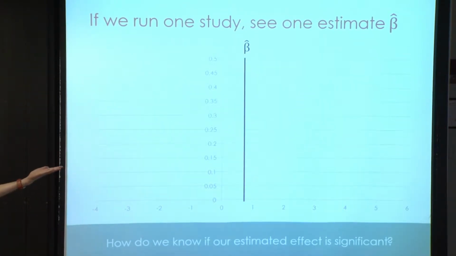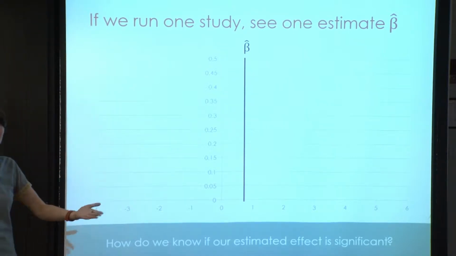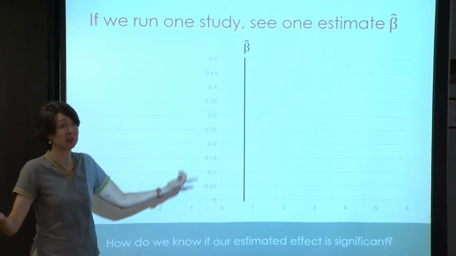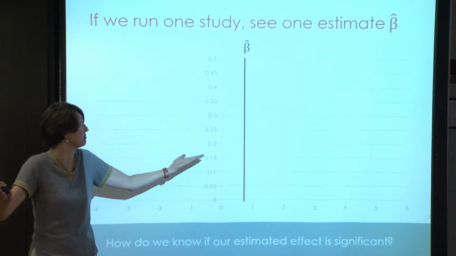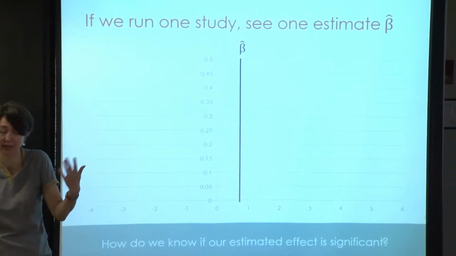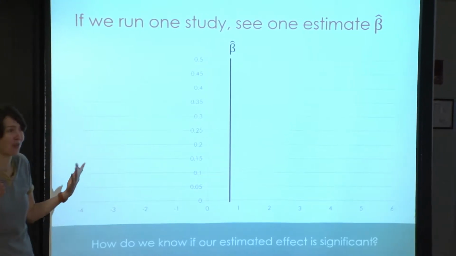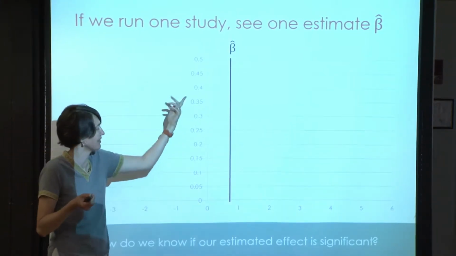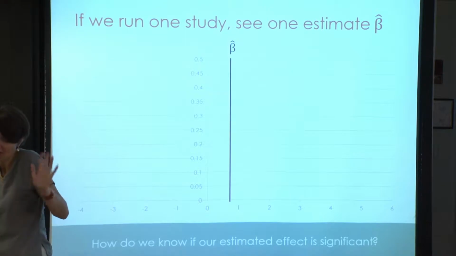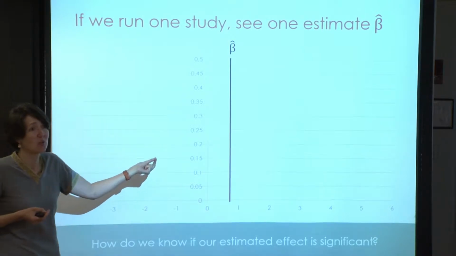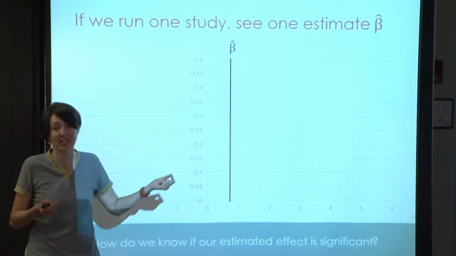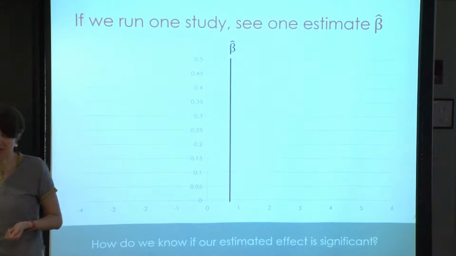But what we actually observe when we run one trial is just one outcome, one effect size. Beta hat, because in economics we put hats on things when we estimate them. So that's our one estimate. And how do we know whether that one estimate represents a significant effect or not?